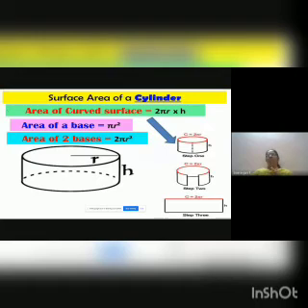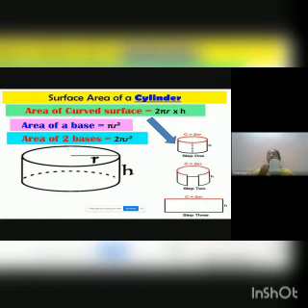Now coming to your cylinder. You all know what a cylinder is, children. For example, see, this cup is in a cylindrical form. So it has one curved surface, one plane surface at the bottom and the other plane surface on the top. For a cylinder, the bottom and the top are in a circular shape, and this part is a curved surface.